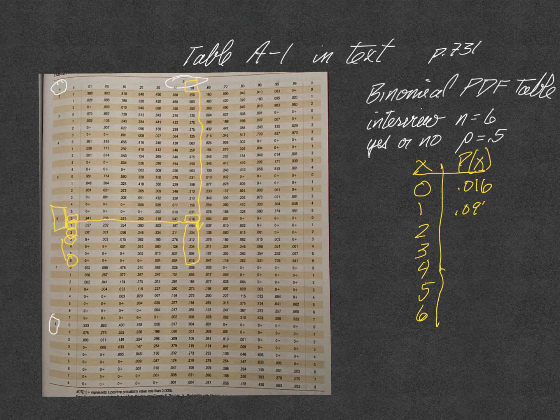So 0.094, 0.234, 0.312, 0.234, 0.094, 0.016. And this would be a discrete probability distribution.